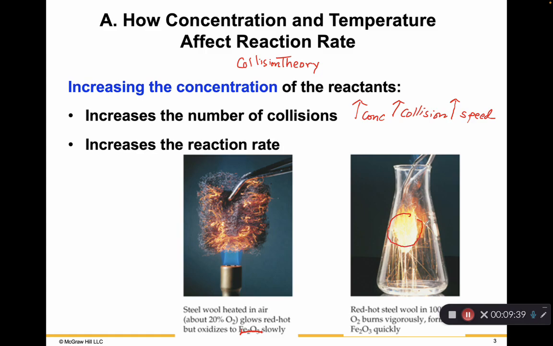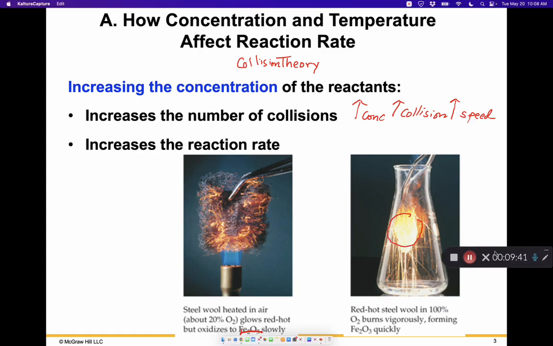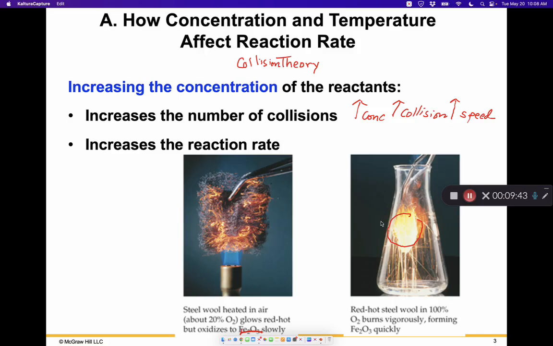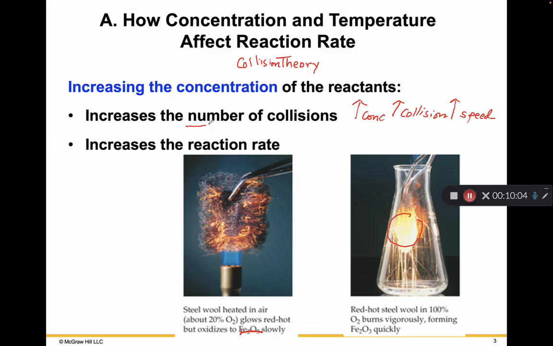The red hot steel will now burn very vigorously, and it will form the product iron oxide very quickly. So the difference is, the higher the amount of oxygen you are using for iron to burn with, the faster is the reaction. So that's how increasing the concentration increases the reaction rate by increasing the number of collisions.